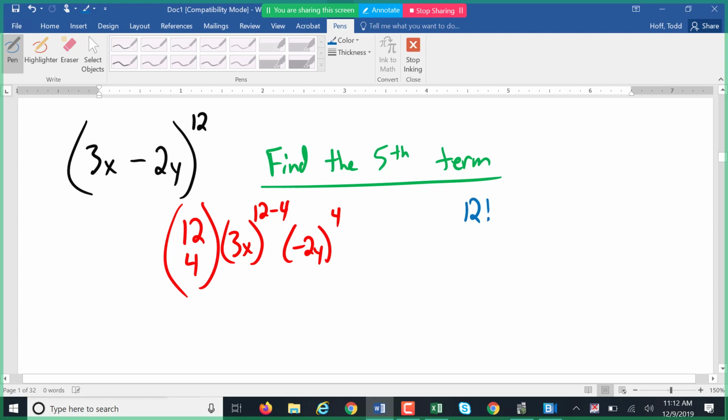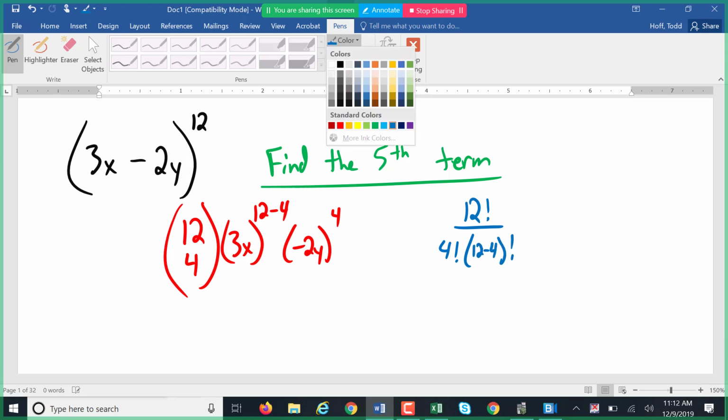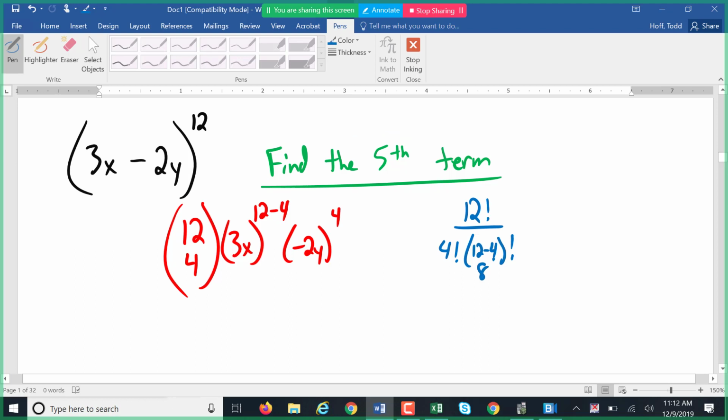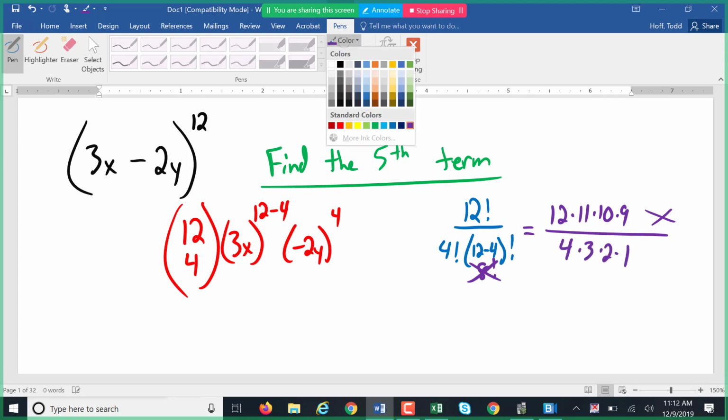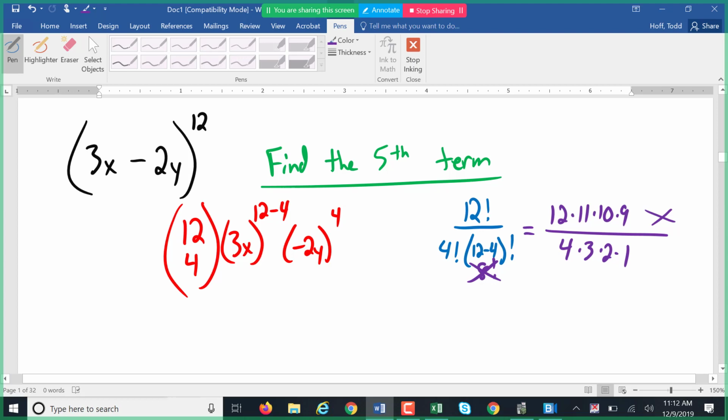Well, 12 choose 4 is 12 factorial over 4 factorial times 12 minus 4 factorial. Well, 12 minus 4 is 8, so that's 8 factorial. So I'll only have to write out the 12 down to 9: 12 times 11 times 10 times 9. Everything down below there is canceled out by the 8 factorial. This will be over 4 times 3 times 2 times 1. Now I could just multiply this out, but I see that 4 times 3 is 12, so that cancels out.